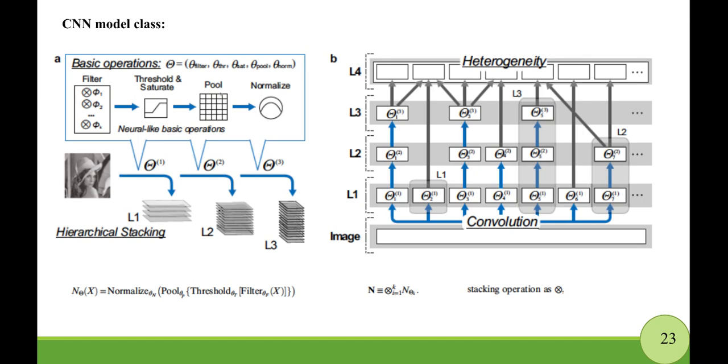And they have a max pooling or average pooling layer, which can also have a different size and shape when applied. And they have normalization as well, which is a typical approach in a CNN. And they have a hierarchical stacking of these layers together.